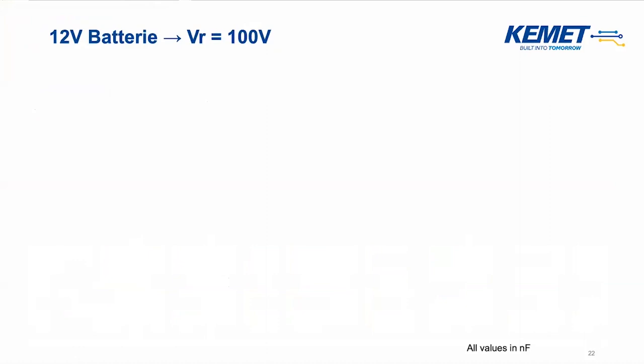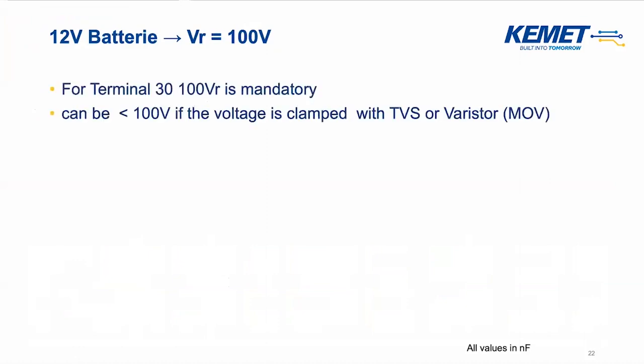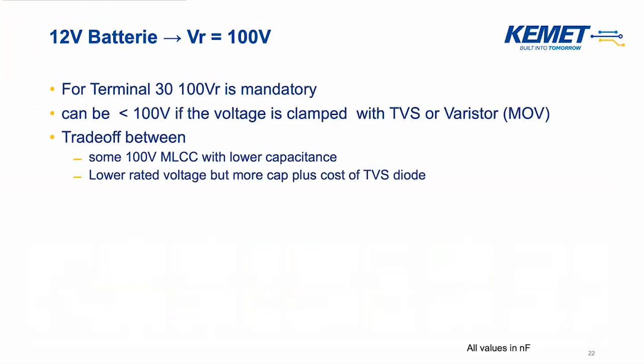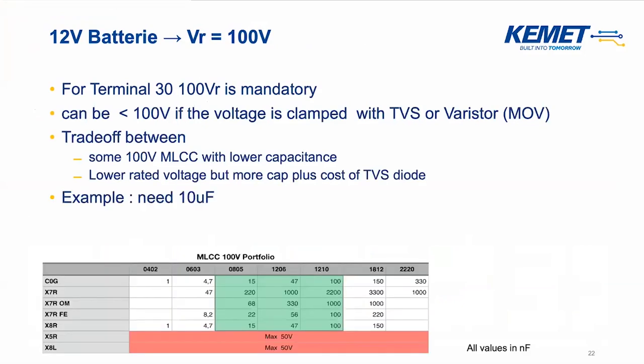Going a little bit more on this, 100 volt is mandatory unless you can clamp. That's a trade-off, and that is what KEMET can help with. For the 10 microfarad, if you look at this portfolio of what we can offer right now, 0805, 1206, 1210 is green.